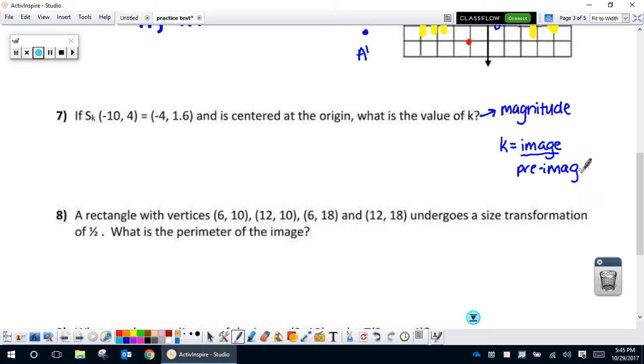So you could take -4 and put it over -10 and simplify, which simplifies to 2/5. Or you could do 1.6 over 4, and that also simplifies to 2/5. So your K equals 2/5.